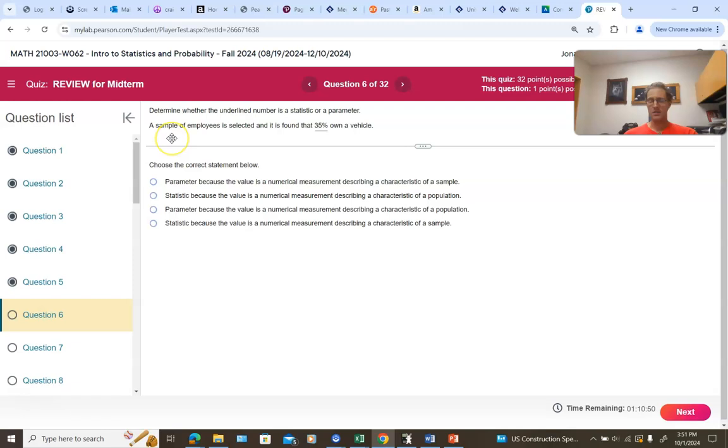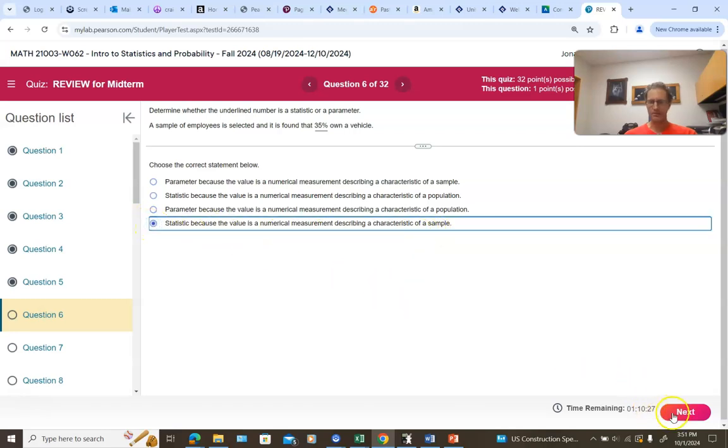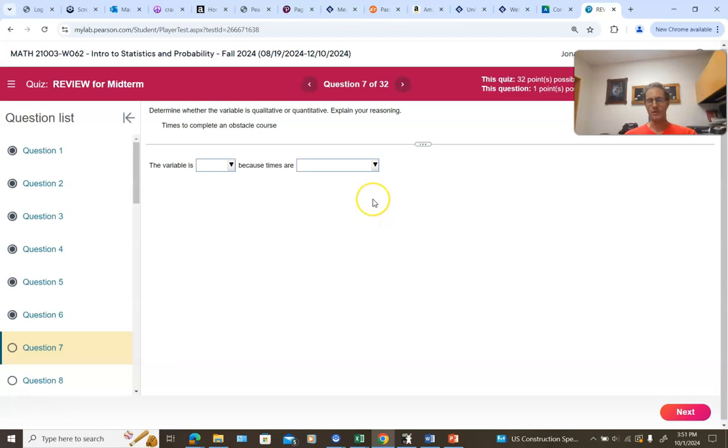Well, I think this is a statistic, guys, because it says right here that this number comes from a sample of employees. So the 35% is a statistic. I think it's going to be this last one, statistic, because the value is a numerical measurement describing a characteristic of a sample. Okay, and that characteristic would be the proportion that own a vehicle.